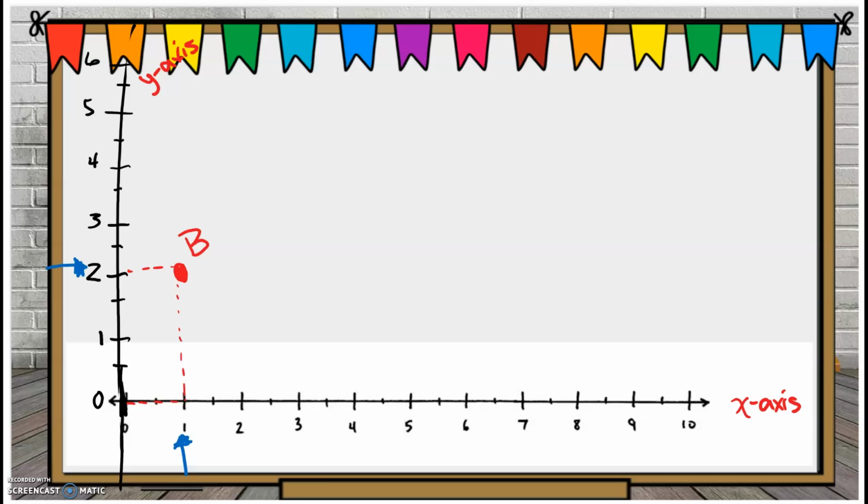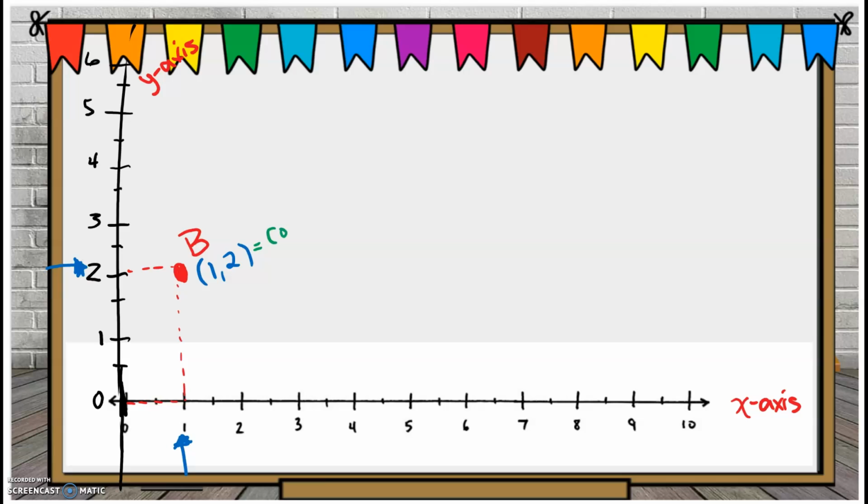When describing the location of a point, we want to be precise. So that's why we draw the dotted perpendicular lines from B to the x and y axis. So moving up 2 units parallel to the y axis, these numbers together, 1, 2, that's the coordinate pair. So go ahead and make sure you're writing this down.